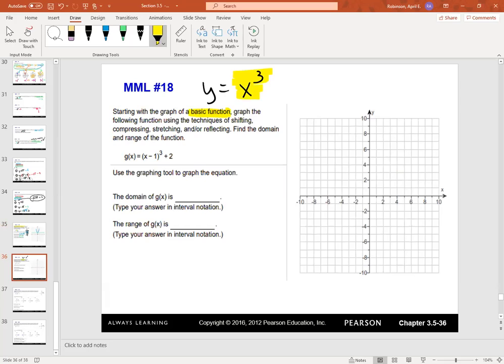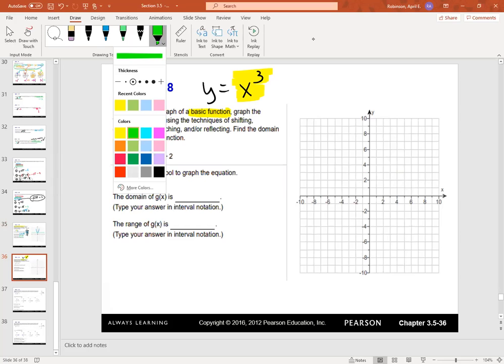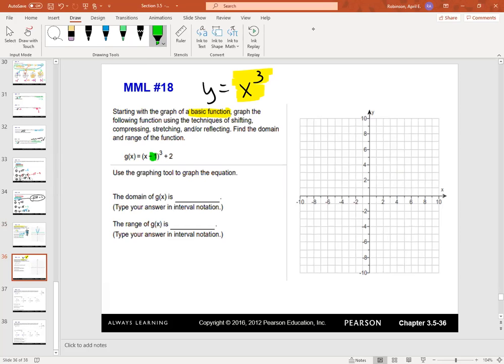But this has a -1 in it, so my basic function is going to shift to the right 1 unit.